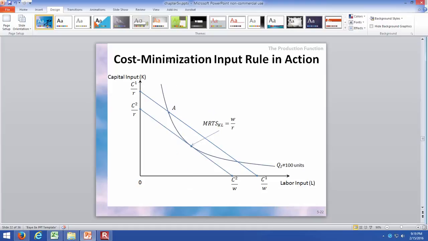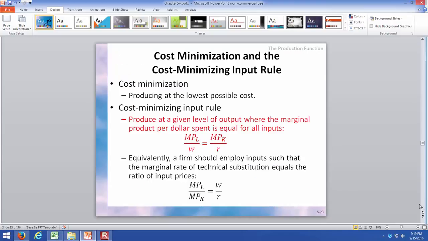And ideally, what should be the cost minimizing input rule? The cost minimizing input rule is the point where the marginal rate of technical substitution is equal to W by R, the wage divided by the rental rate. Cost minimization means producing at the lowest possible cost, and the cost minimizing input rule says that the marginal product of labor divided by the wage should be equal to the marginal product of capital divided by the rental rate.